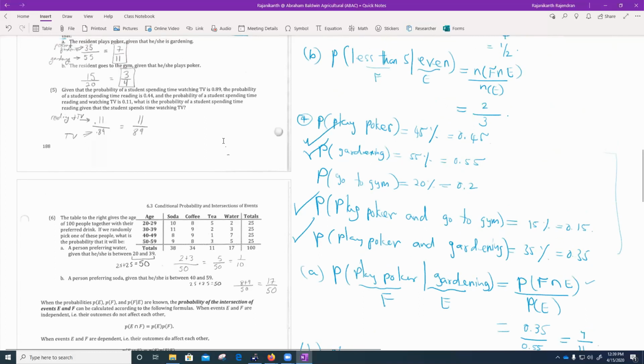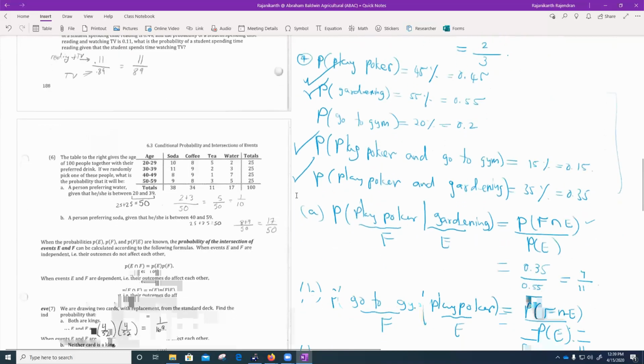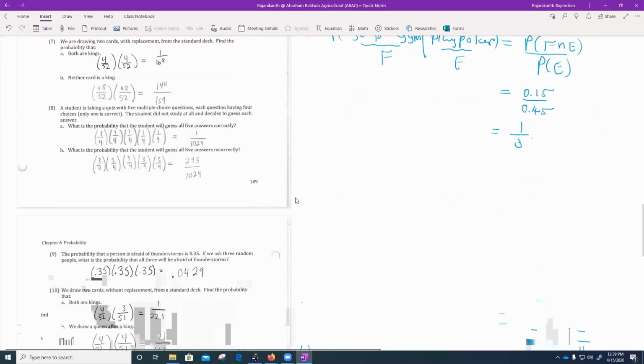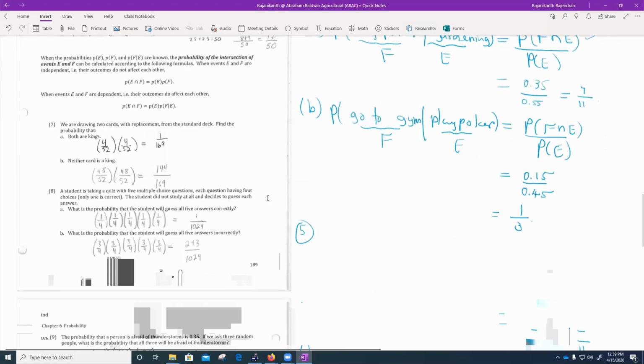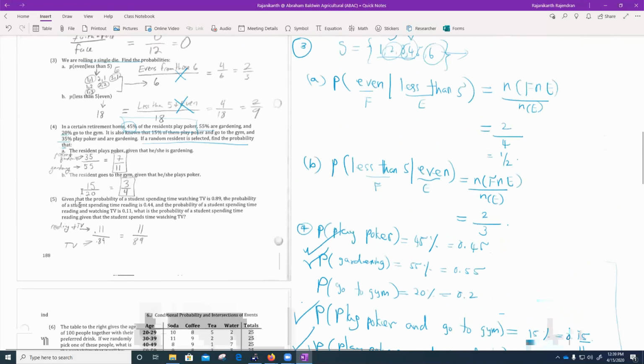The next one, number 5. What is that? Given that the probability of a student spending time watching TV is 0.89, the probability of a student spending time reading is 0.44, and the probability of a student spending time reading and watching TV is 0.11.